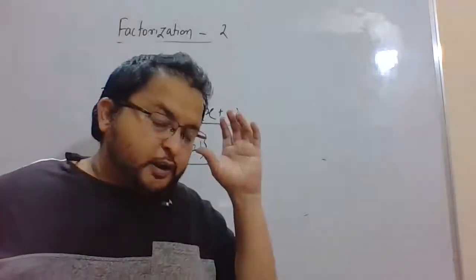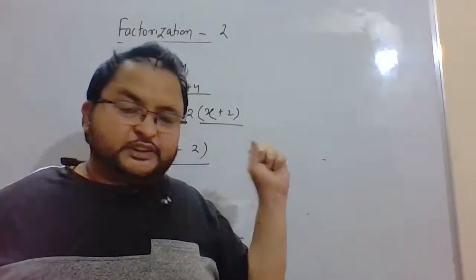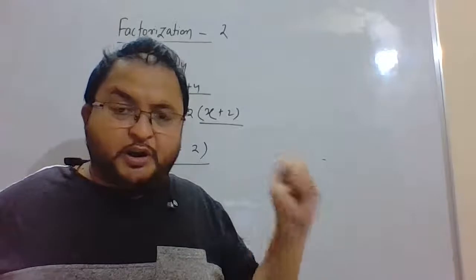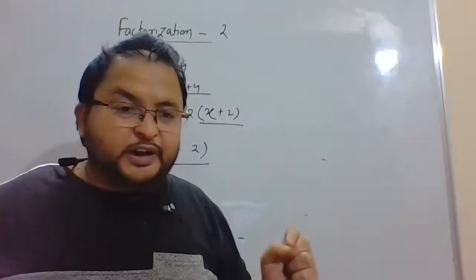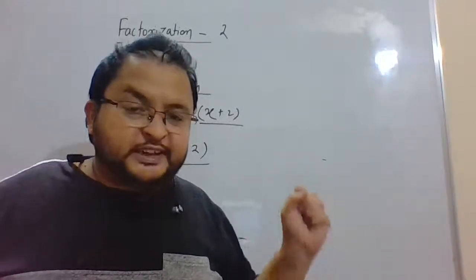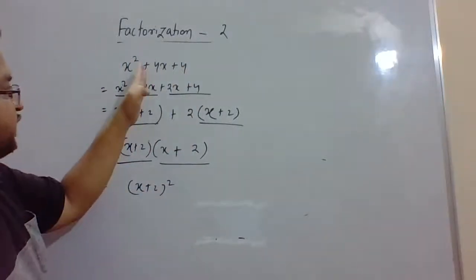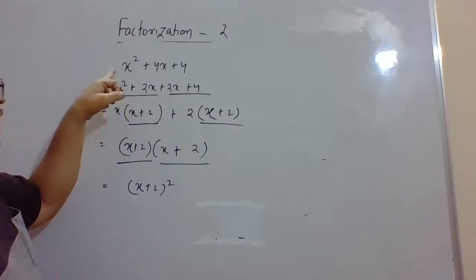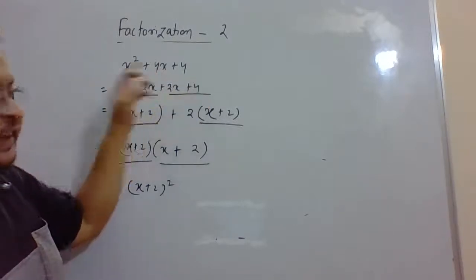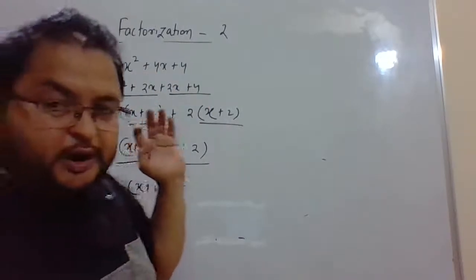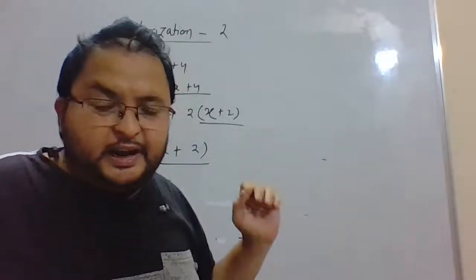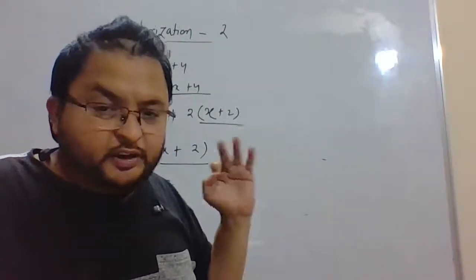So even in case of the sum and product type, if you are not able to mentally calculate how to express it as sum and product type, don't worry, just use this last method, that is ax square plus bx plus c, and then use m plus n equals b and mn equals ac.